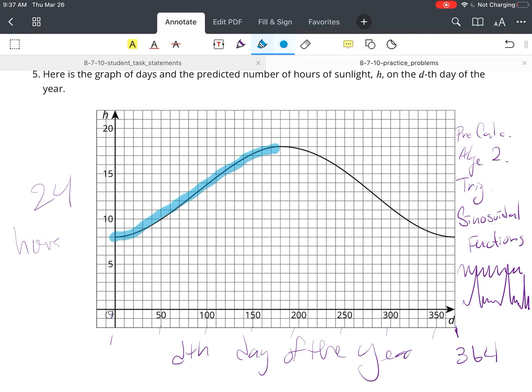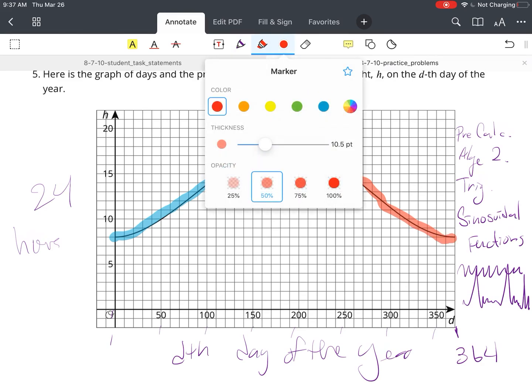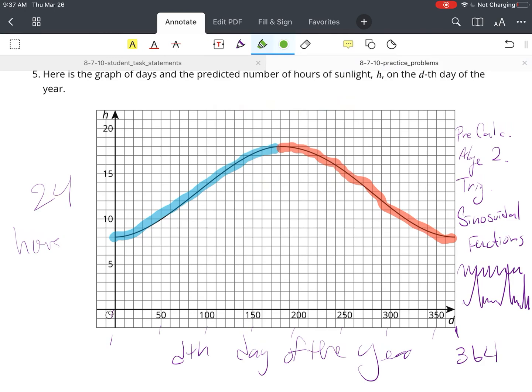Correct! This is increasing, right? Notice how the values are going up. Now show me where the values are decreasing. Great! Yep.